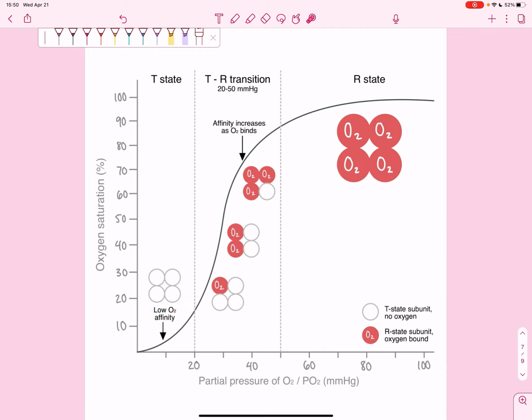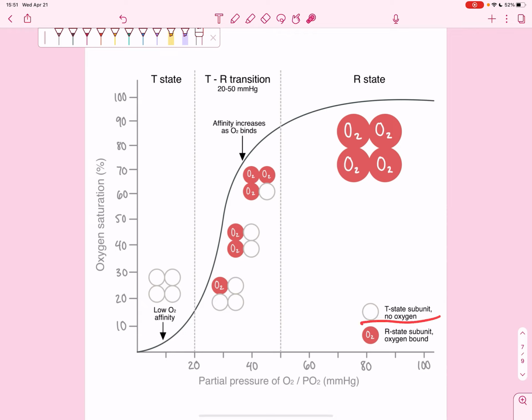So when the partial pressure of oxygen, PO2, is low, as well as when the oxygen saturation is low, there's no oxygen bound to your hemoglobin.